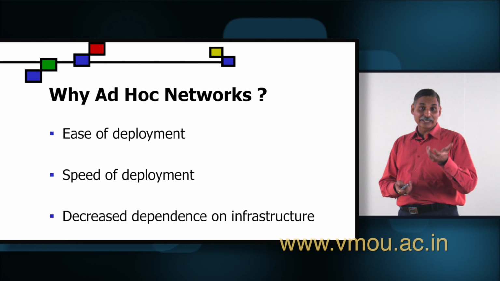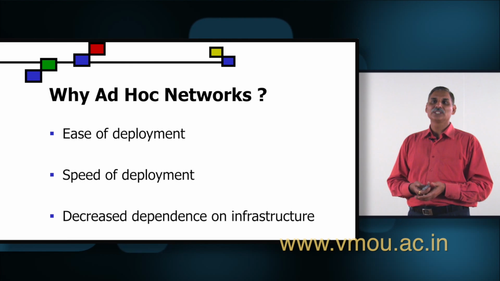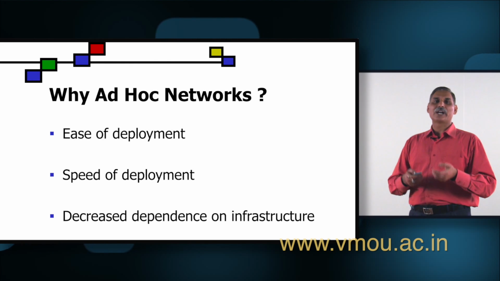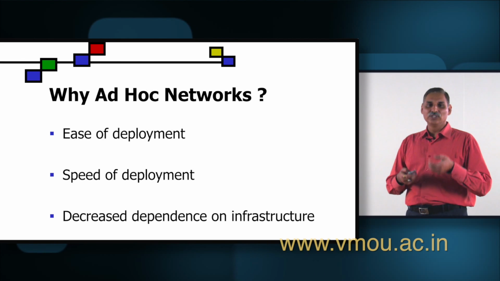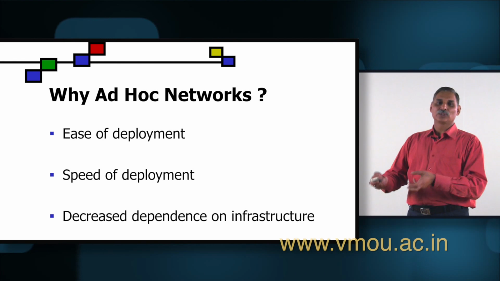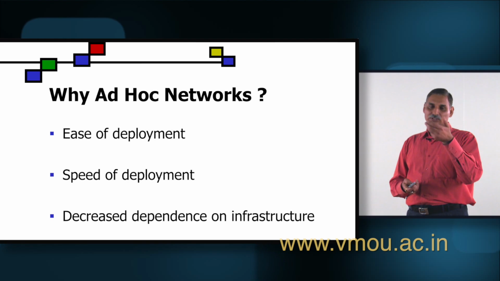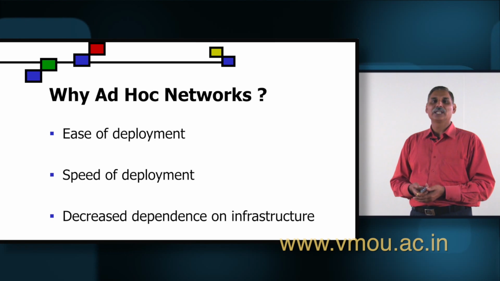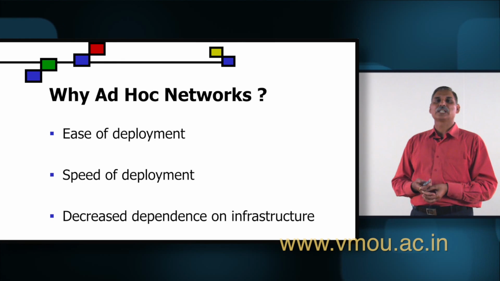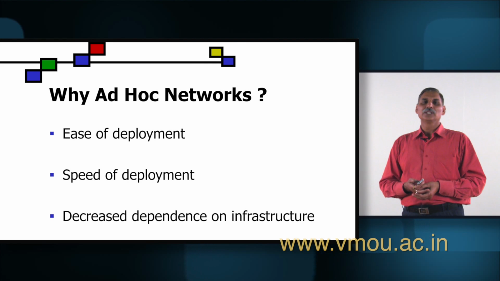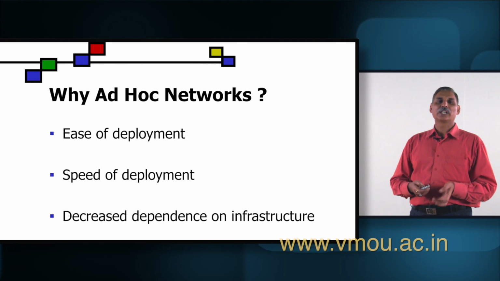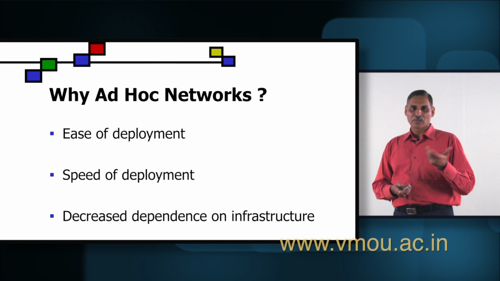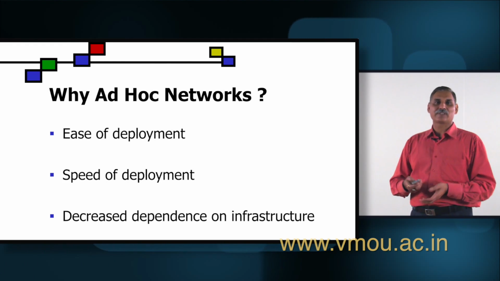Another thing is speed of deployment, because fixed infrastructure is not there, wires need not be put in, we need not dig wires into the earth. So, we can deploy the network fast, and the third one is decreased dependence on the infrastructure. That is why ad hoc networks are preferred over wired networks or fixed infrastructure networks.